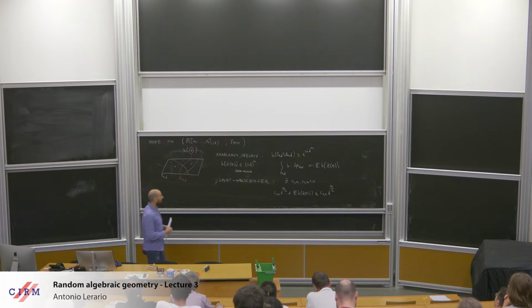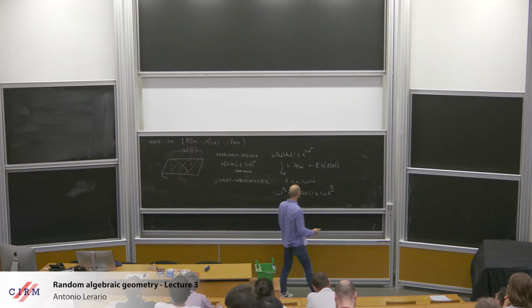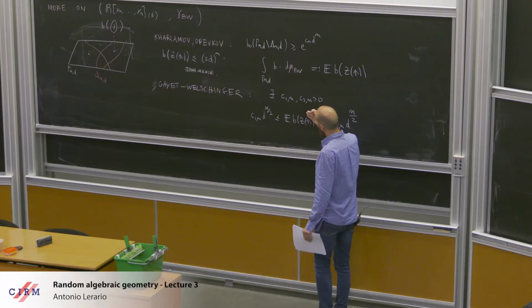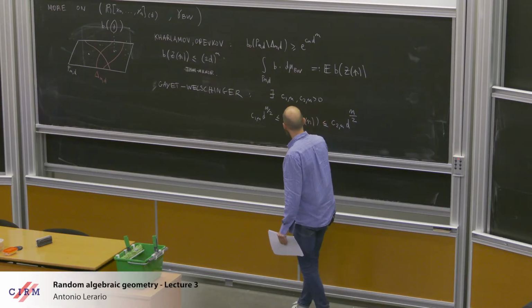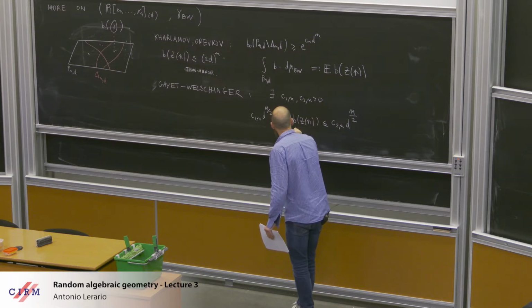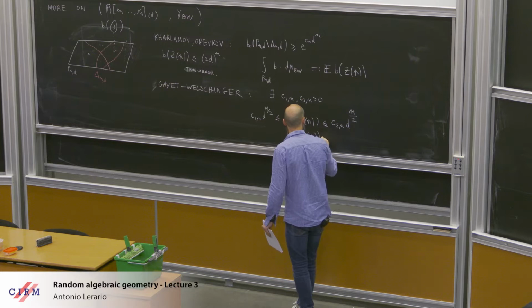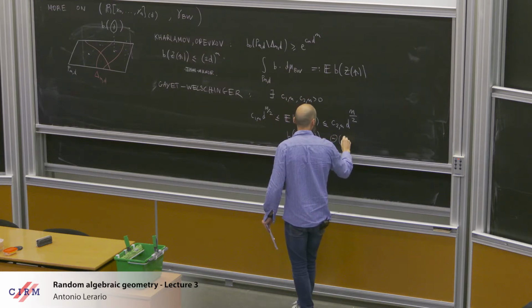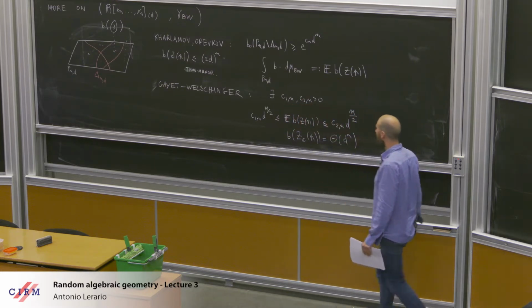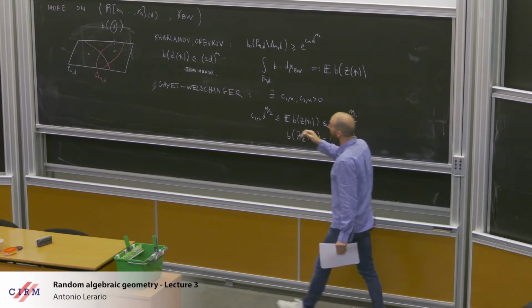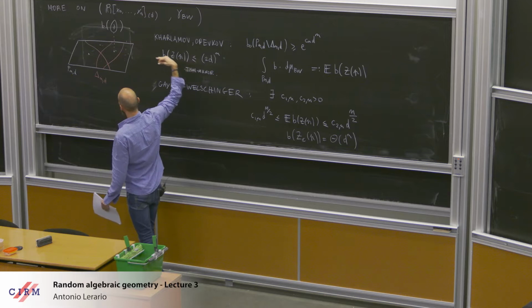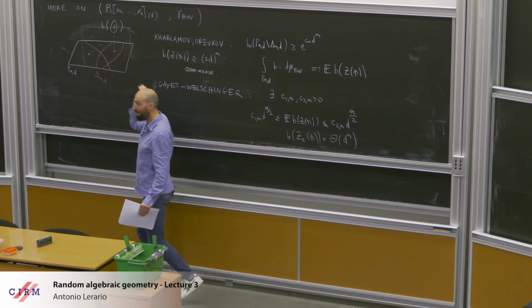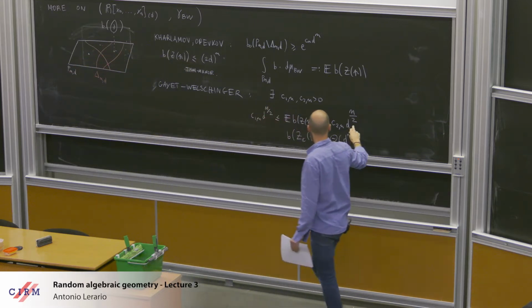And again, you can ask how does it compare with the complex case. In the complex case, the total Betti number of the complex part is really of the order d to the n. So the complex object has a total amount of topology which is d to the n, but on average the real part has total amount of topology of order d to the n over 2.